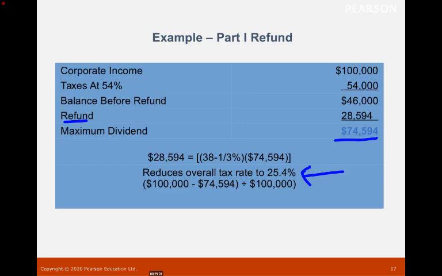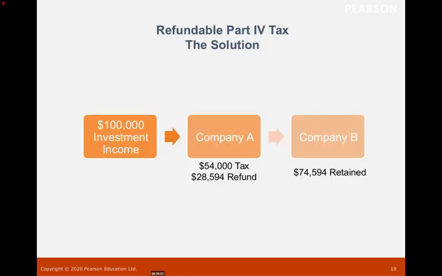But this eliminates, because you've paid the higher tax rate, you have no benefit of deferring. In fact, you want to pay out the dividend so you can get that tax money back for the ART. So that's one.